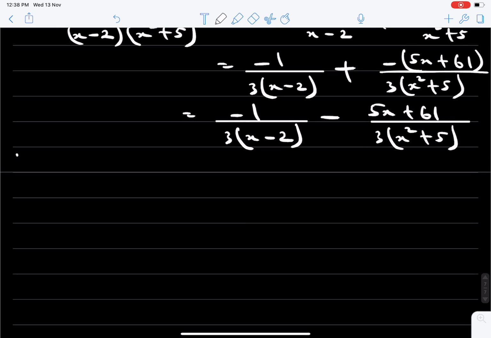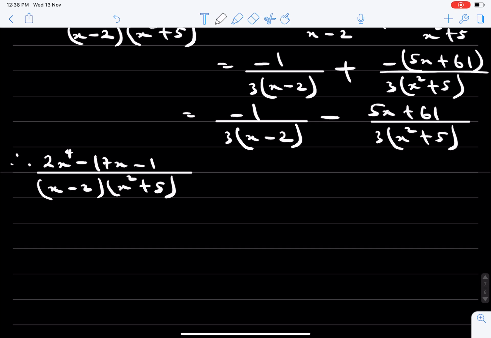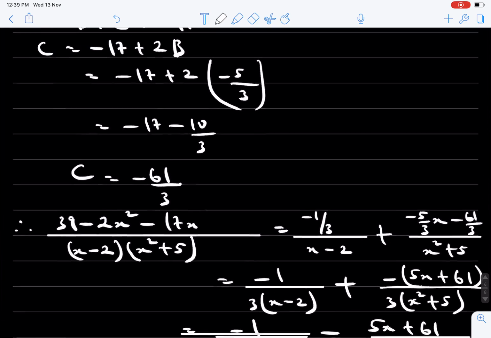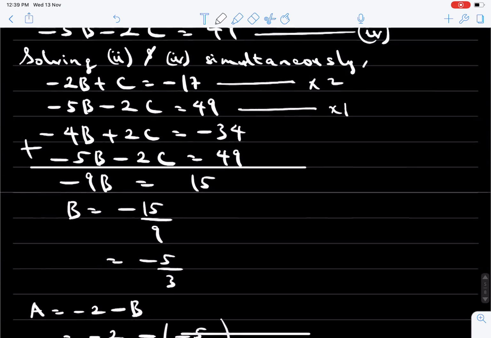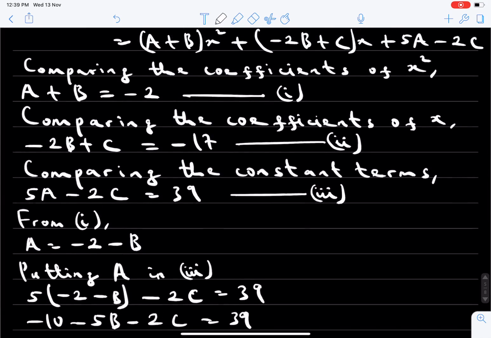So therefore the original compound fraction, which is 2x to the power 4 minus 17x minus 1 divided by x minus 2 times x squared plus 5, is equal to, let me see, what I got when I divided the numerator by the denominator.